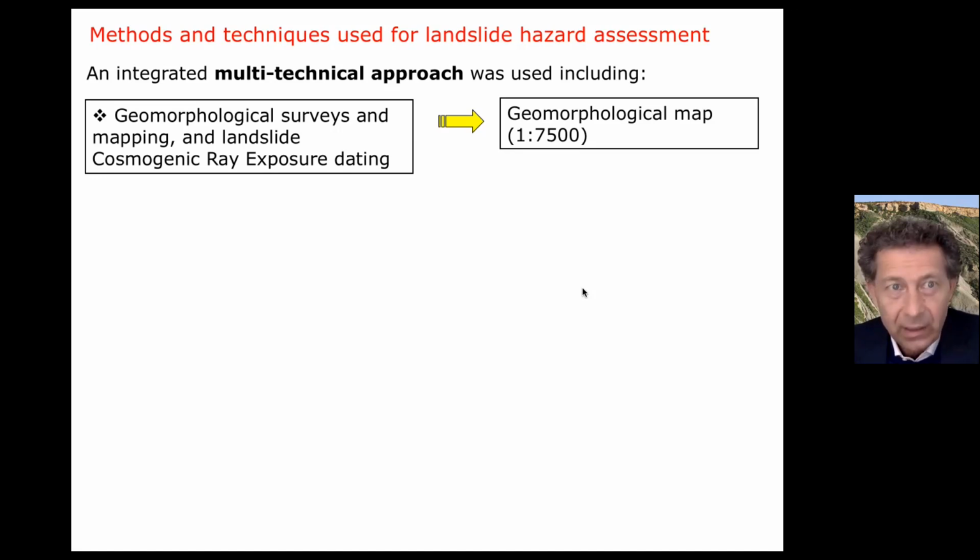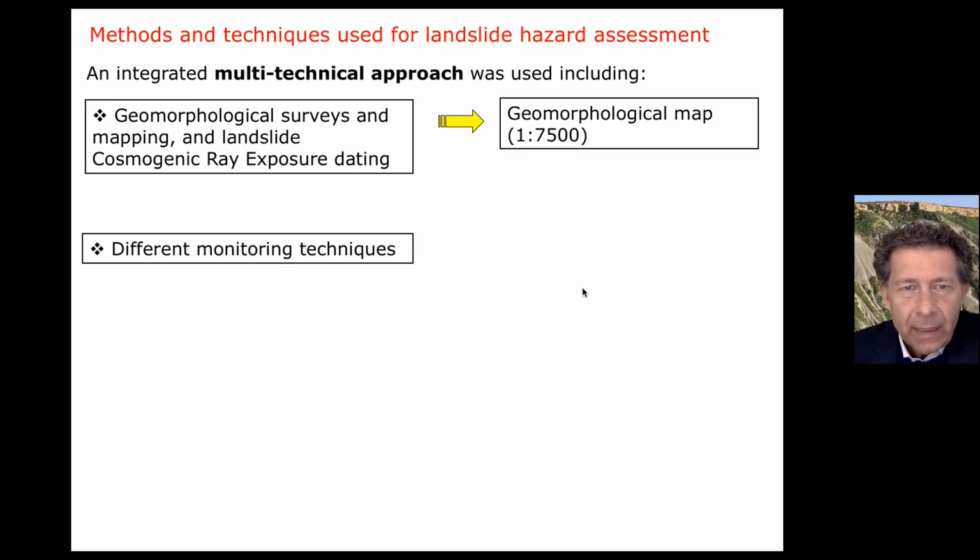Finally, we realized that the only way to date them was to use the technique of cosmogenic ray exposure, having in the area, especially limestones, the Cl-36 was the only way to make this dating. And finally, you will see that we got some interesting dates.